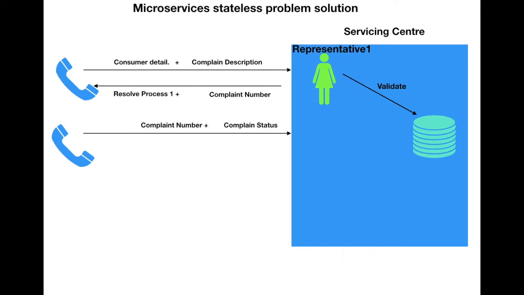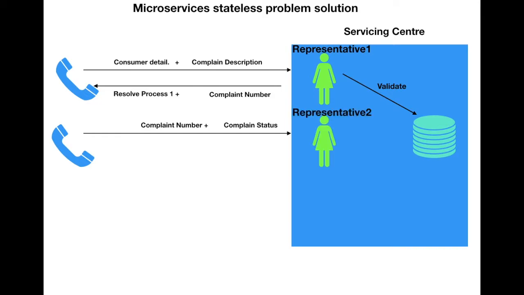So next time when the consumer comes, the consumer doesn't come with all the details which he has previously provided. He just comes with the new complaint, the complaint status and the complaint number which he got in the previous request.